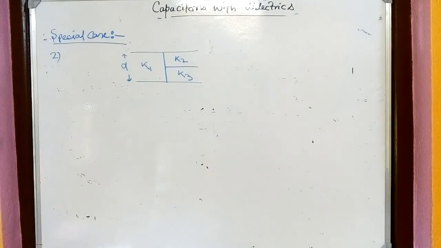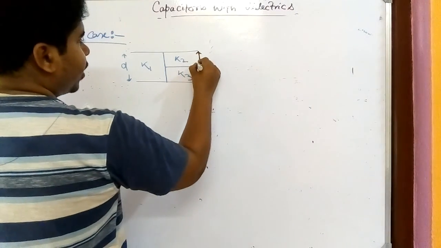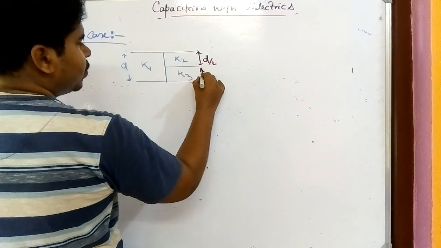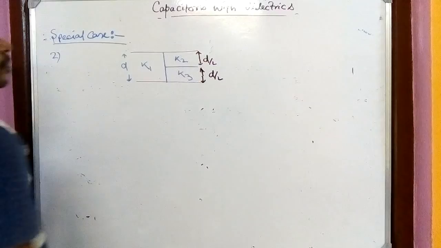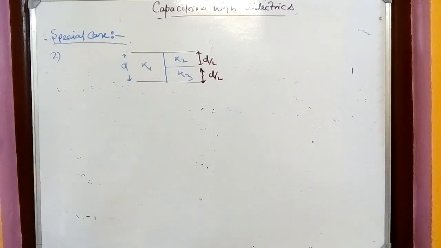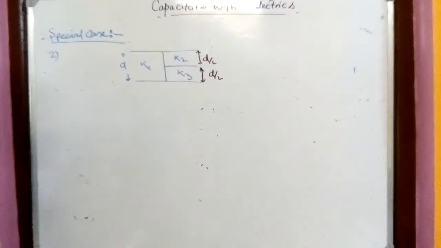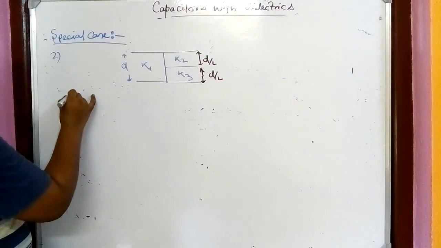K1, K2 and K3. How we have to do that? If this type of thing has come, so here if I'm talking about K2 and K3, it is D by 2 and it is D by 2. How we have to do that? So first we have to start from K1, then we'll forget about K2 and K3.